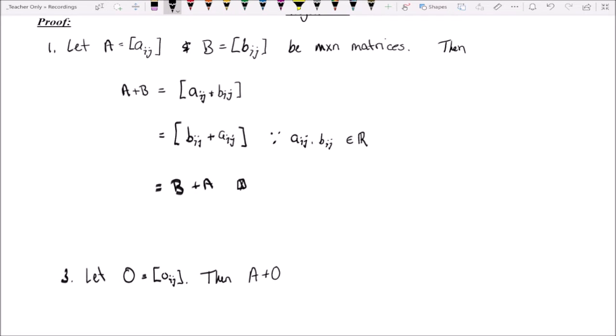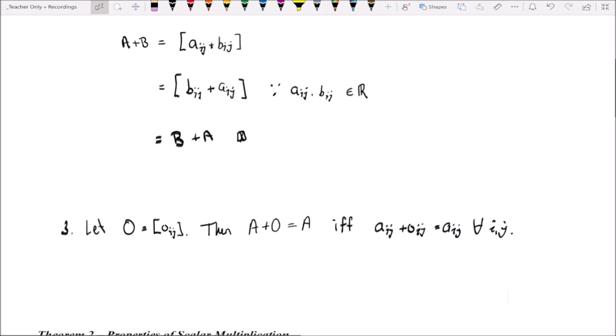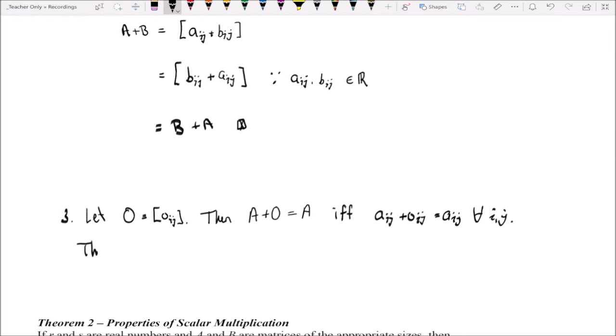Then A plus O would equal A if and only if Aij plus Oij is equal to Aij for all i and j. However, this holds if and only if Oij is equal to 0 for all i, j.